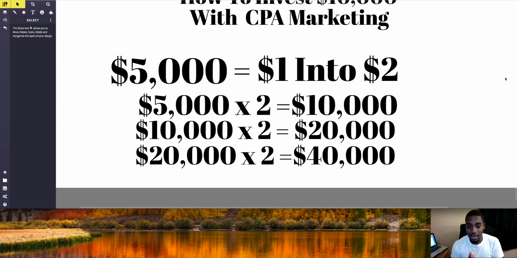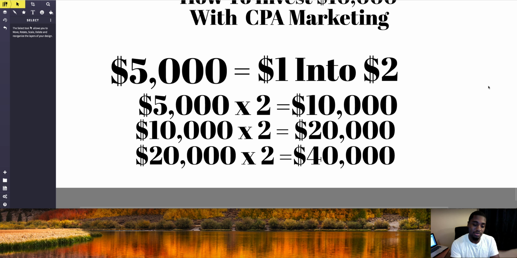That's honestly why I stopped making done for you campaigns before the CPA network, because I would spend like $5,000, $10,000 testing campaigns, and then basically give the campaign away for $500, and all they have to do is run it. That makes no sense at all, so that's why I stopped doing that.